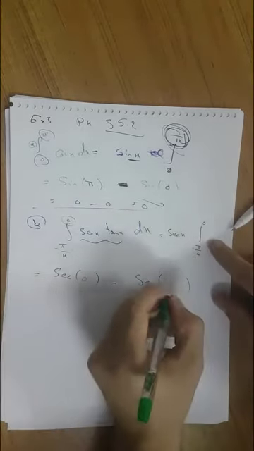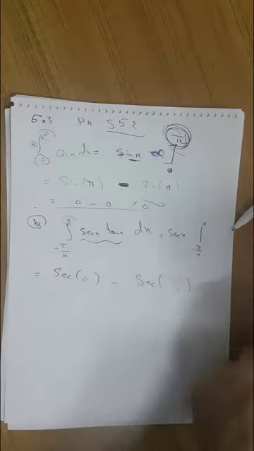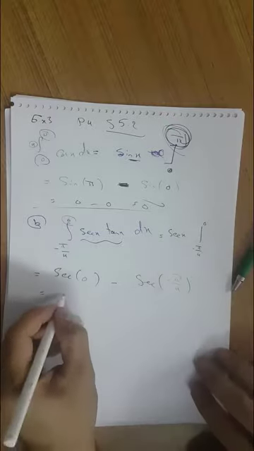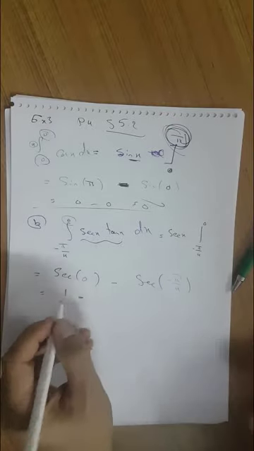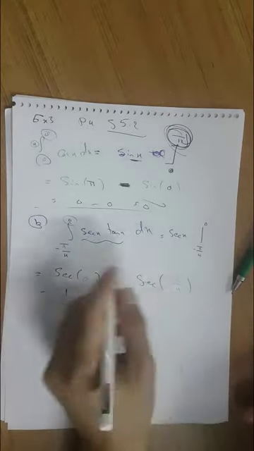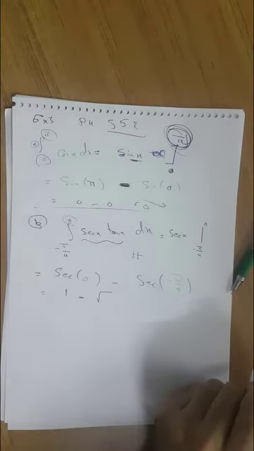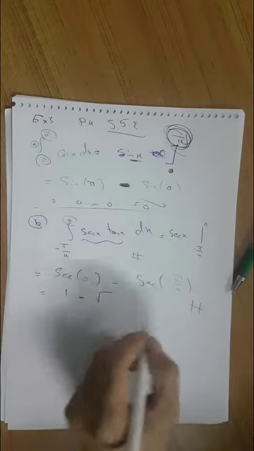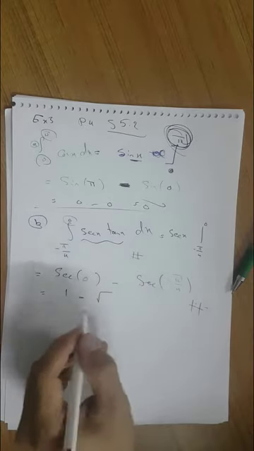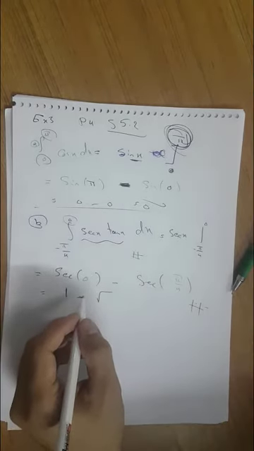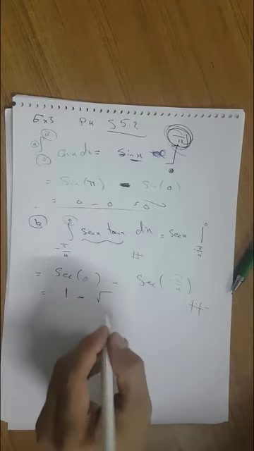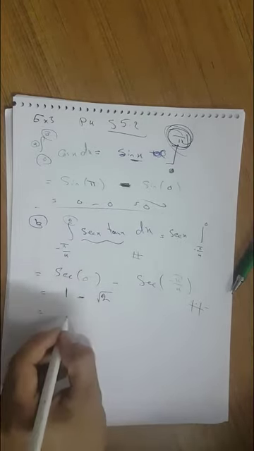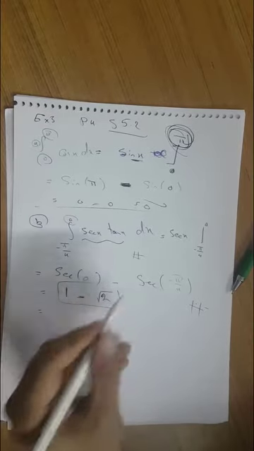I put 0 and I put minus pi over 4. The secant of 0 will be 1, and the secant of minus pi over 4, please go check the angles in the triangles in chapter 1, where I gave you the table of sine, cosine, and angles, especially the angles in the first quadrant. You can see it is equal to square root of 2. So in that case, the solution will be like that.